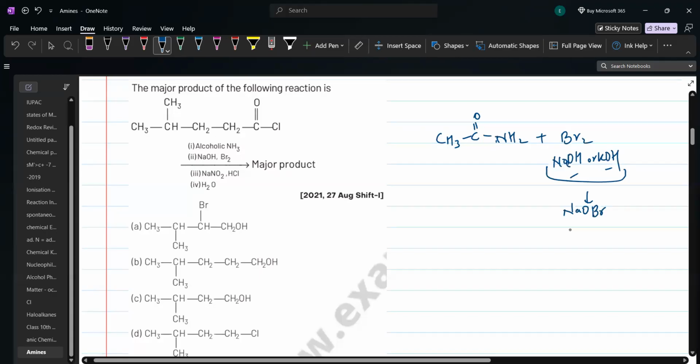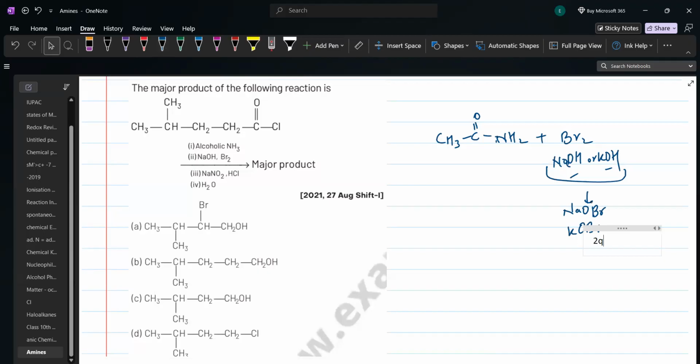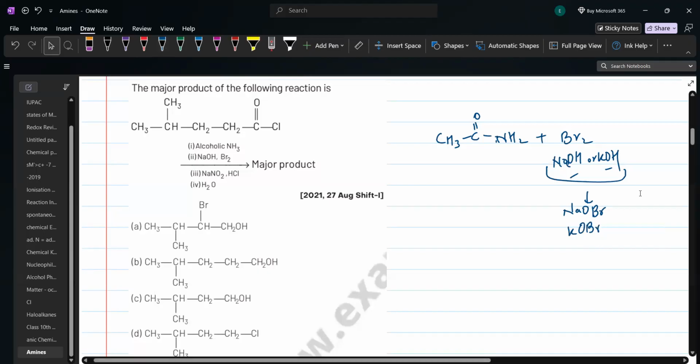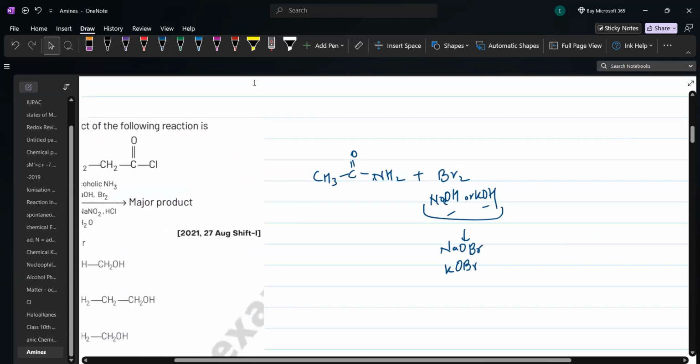NaOBr or KOBr. Questions have come in the exam in this way, which is why I'm talking about this in detail, because there are high chances that it can come in the exam. Then what happens when it reacts? This carbon will go out, and it will form CH3NH2, and the rest are byproducts.